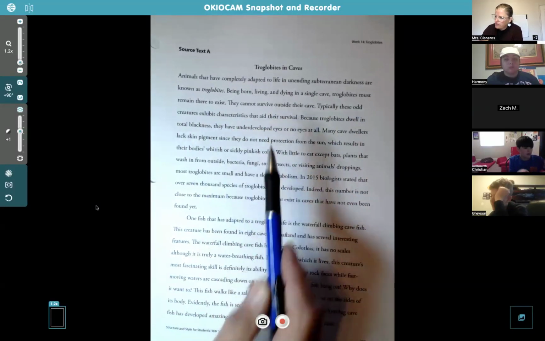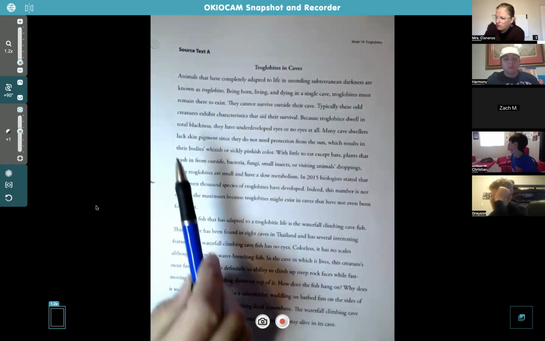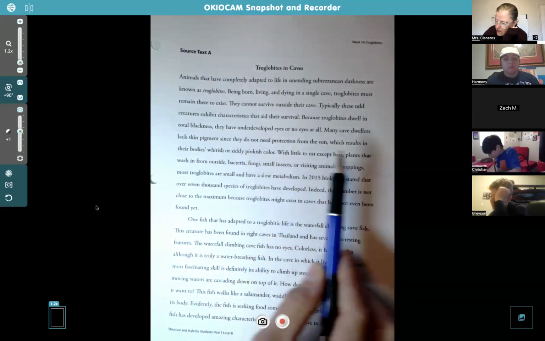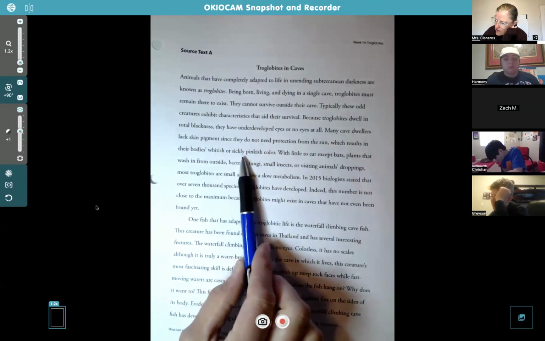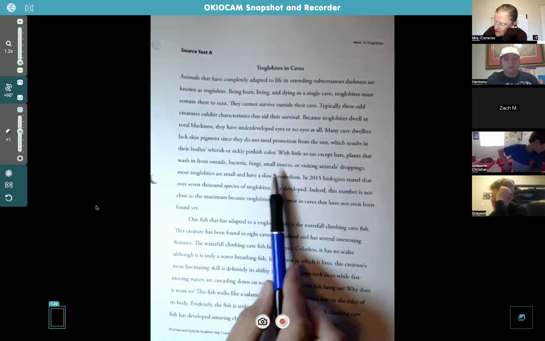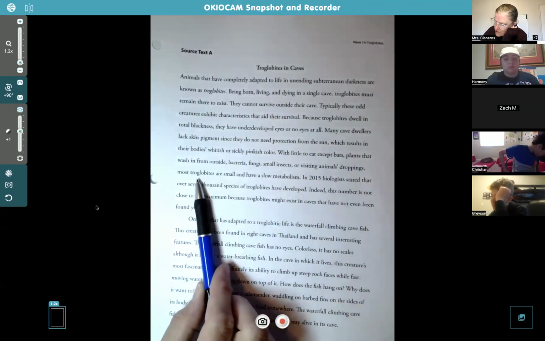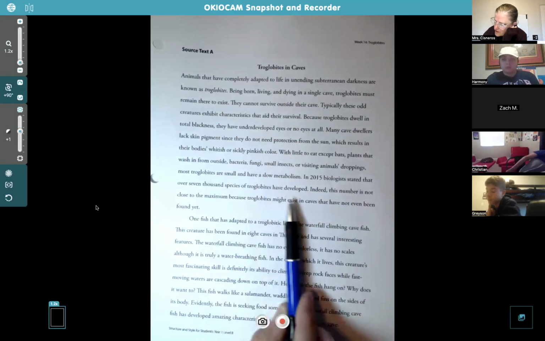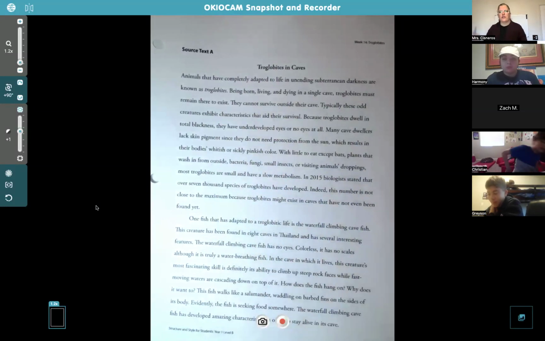Odd creatures. Total blackness. Underdeveloped eyes. No eyes at all. Whitish, sickly pinkish. Wash from outside, bacteria, fungi, droppings, troglobites, metabolisms, 1,000 species. See how I just kept going until maybe a big word stands out to me and then I say that word? It's totally random.